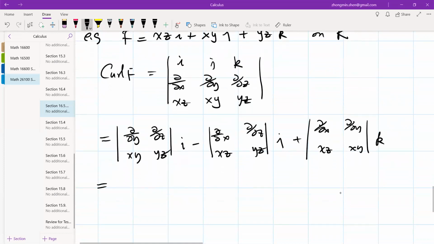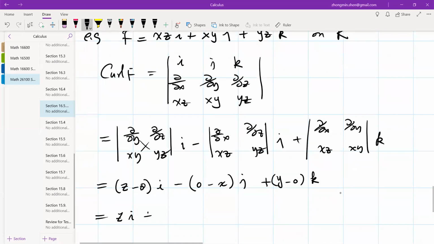So now let's do the cross product. The derivative here is going to be z, and that is going to be 0. So it's i minus, here's 0, and minus x j, plus it's y minus 0, k. So what we get here is z i plus x j plus y k. Now this is not going to be 0.